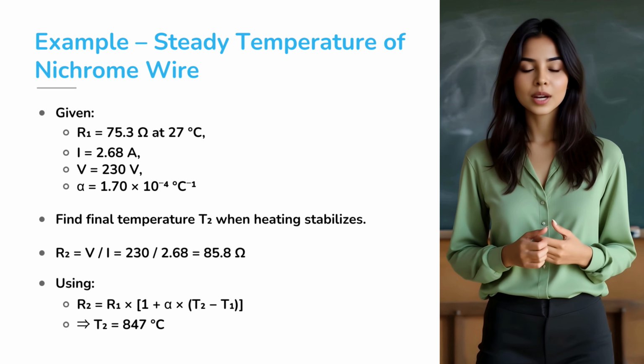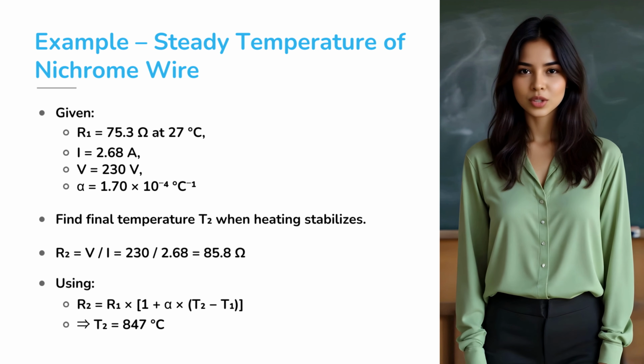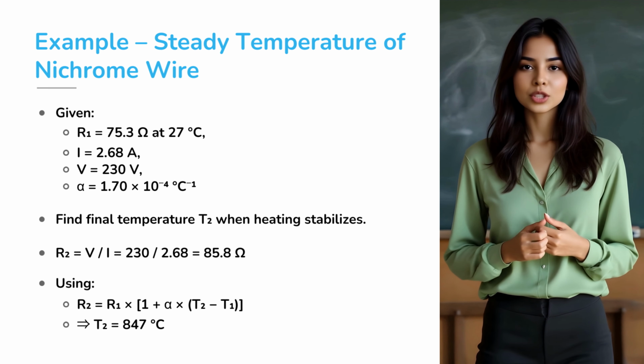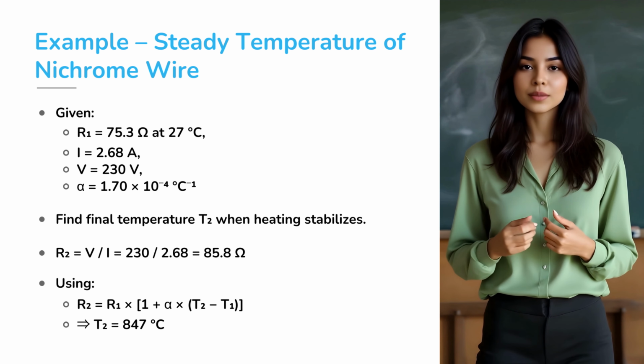Solving this, we find T2 is approximately equal to 847 degrees Celsius. This is the steady operating temperature of the nichrome wire in the toaster.